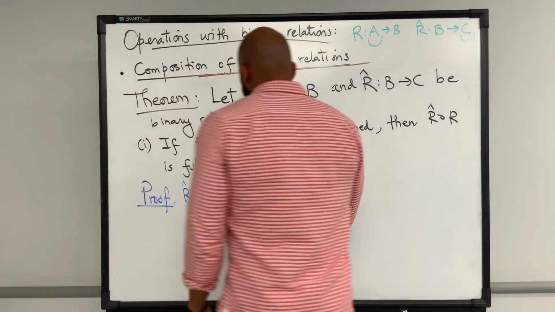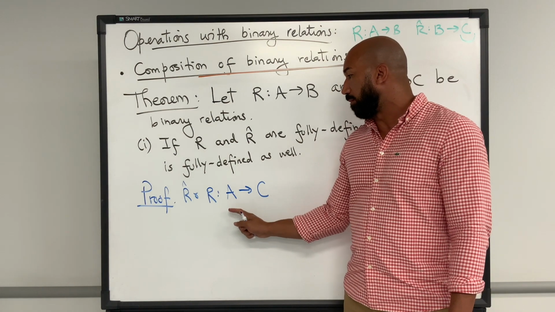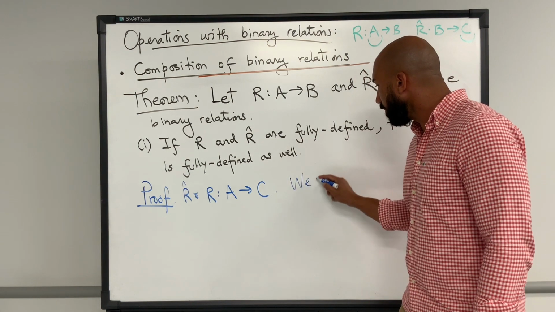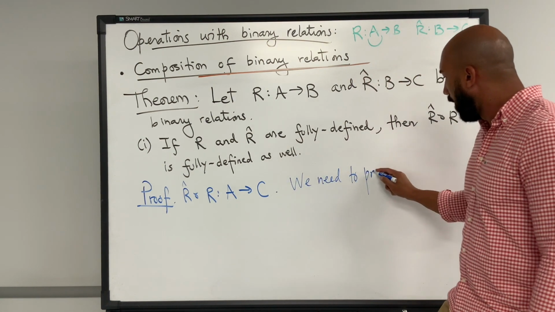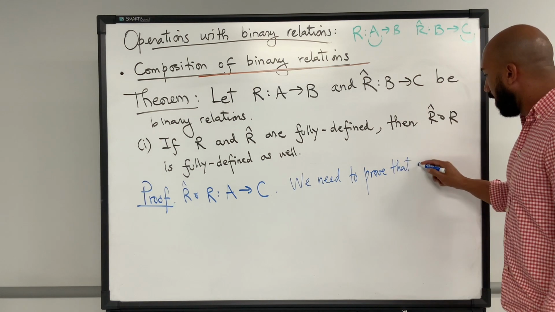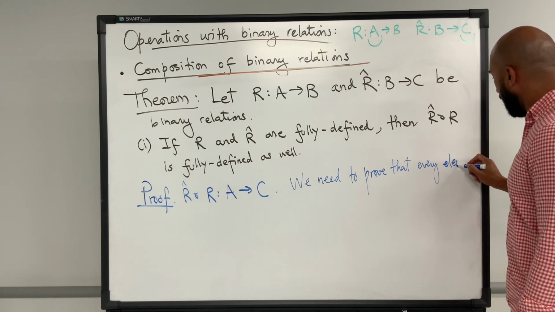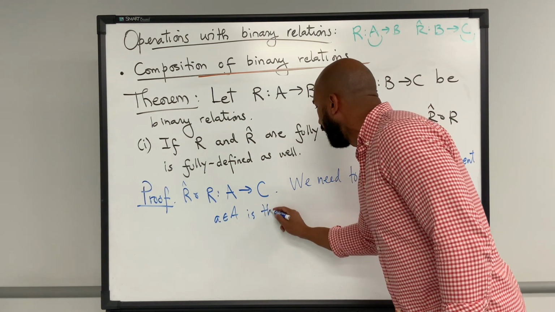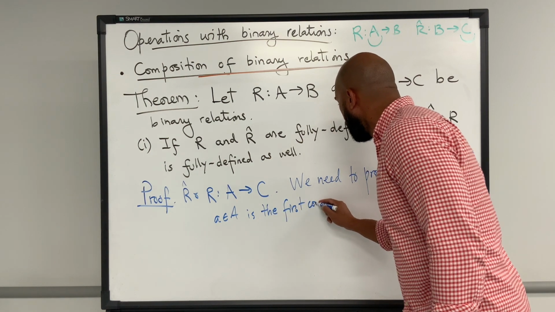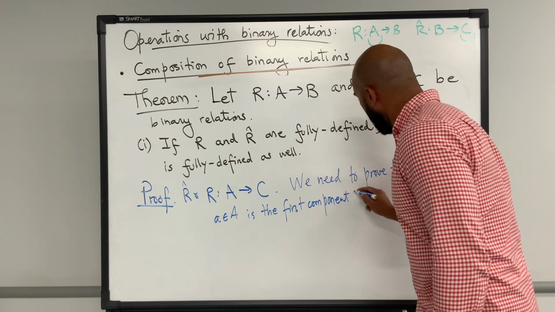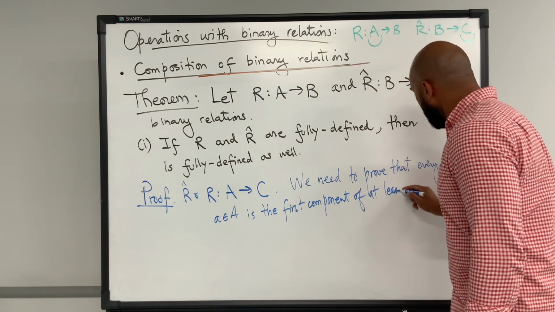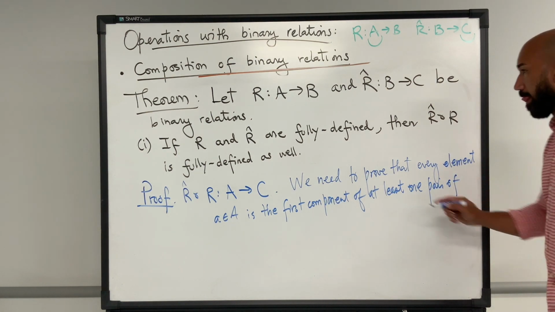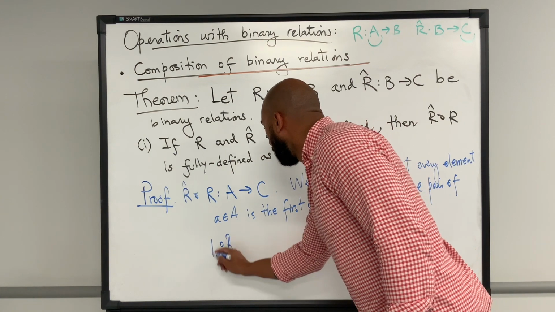So what we need to prove is not only that this is a binary relation, but that every element a in A is the first component of at least one pair in R composite R hat.